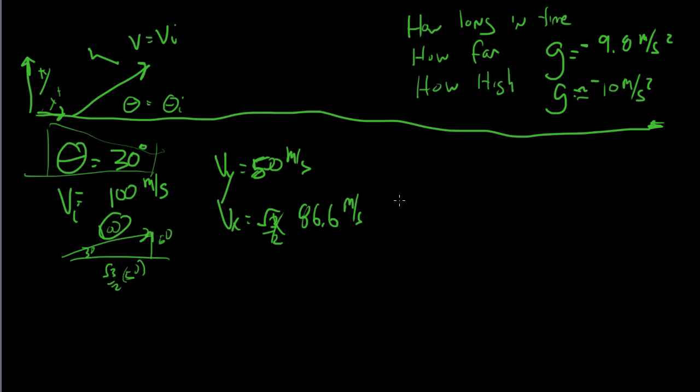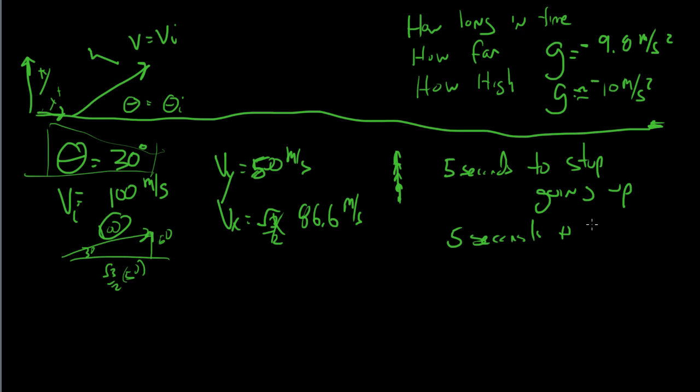If something is leaving at 50 meters per second, a second later its velocity is 40 meters per second, and then 30 meters per second, and then 20 meters per second, or 10 meters per second. So it takes 5 seconds to stop going up. And then it's going to take 5 seconds to come down.